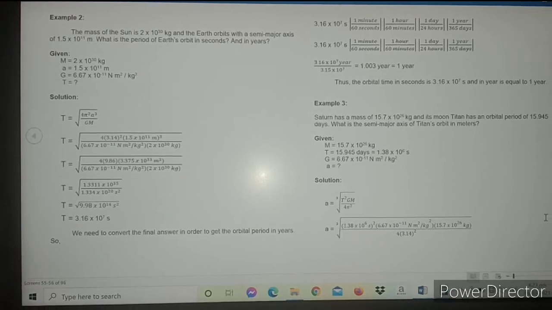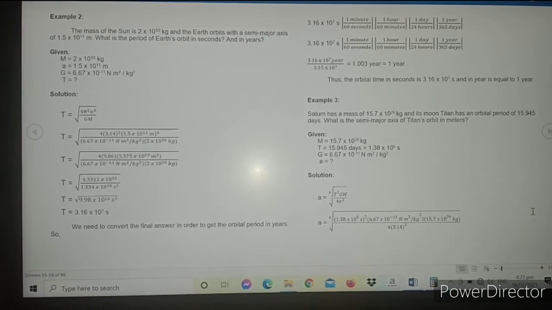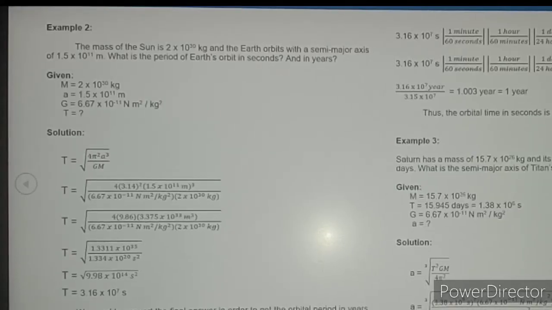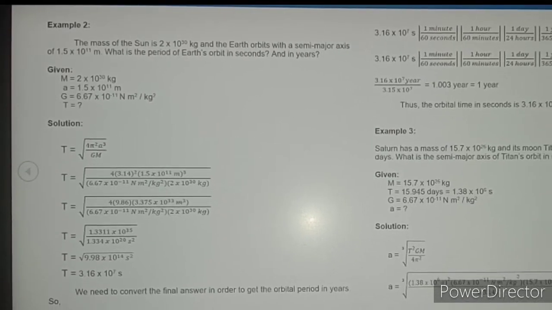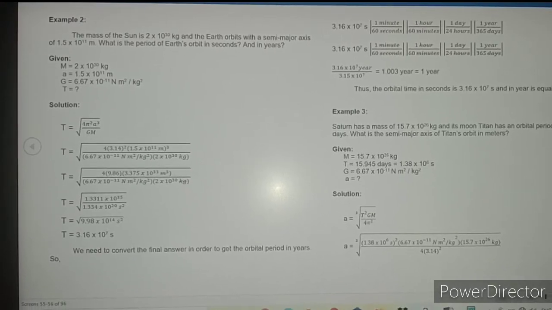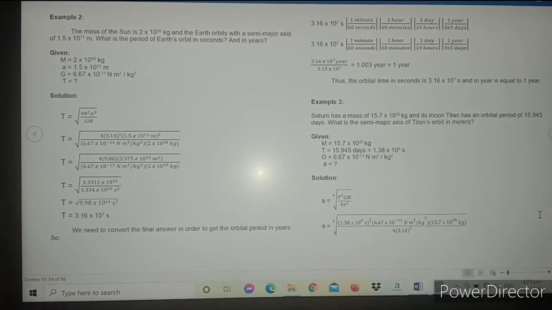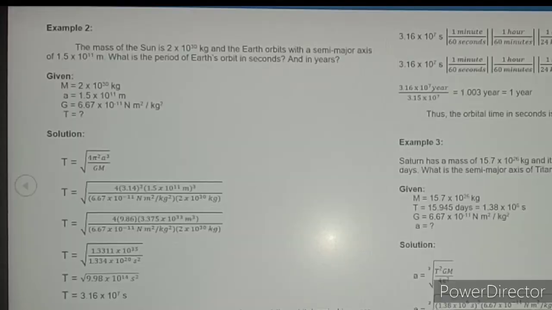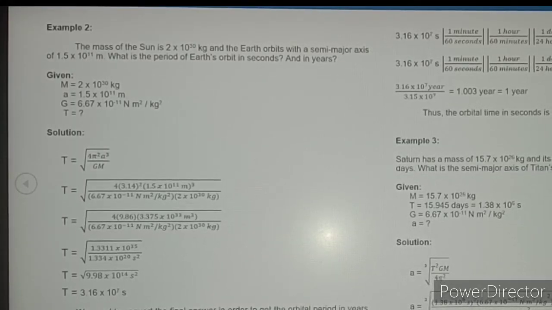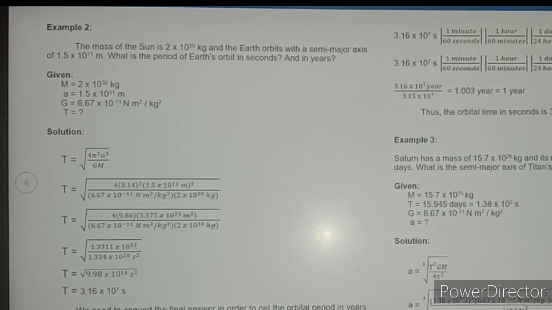So, meaning to say, we have this missing value, which is the period of Earth's orbit. Dalawa yung hahanapin natin. We have in seconds, and in order to get the value of the period in years, we're just going to make a conversion.